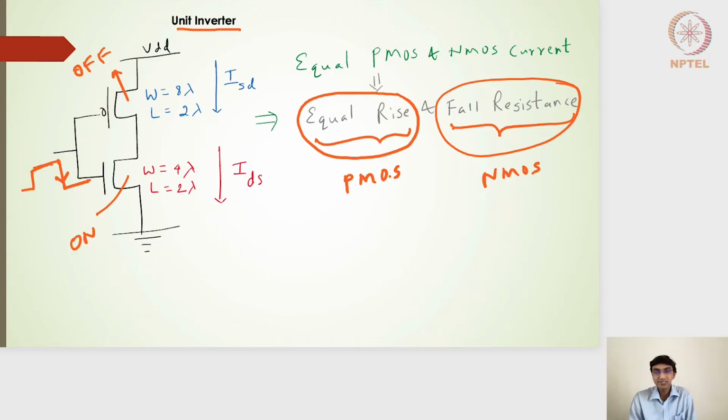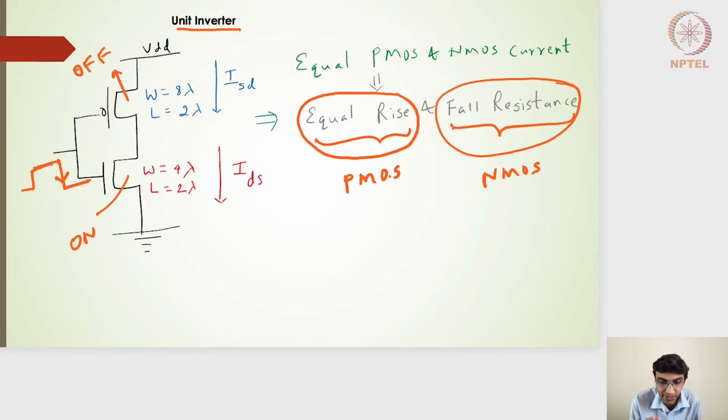So for designing the unit inverter, the switching resistance of the PMOS transistor should match that of the NMOS transistor switching resistance. And in the long channel model, we know that the resistances will match if the current matches. The maximum current, the saturation current and the linear current of the PMOS should match with that of the saturation and linear current of the NMOS. And in that case, we should be able to get the same resistances, right?